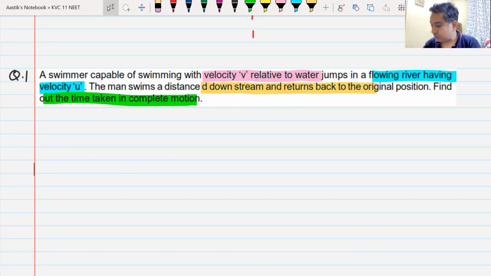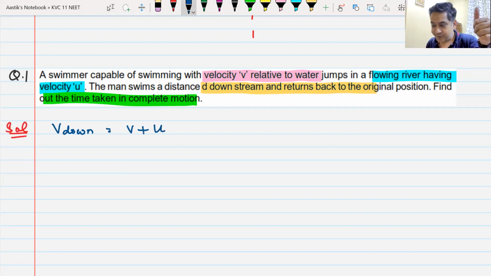Okay. So again, he first goes downstream. What is the velocity of him downstream? It will become v plus u. So how much time will he take downstream?